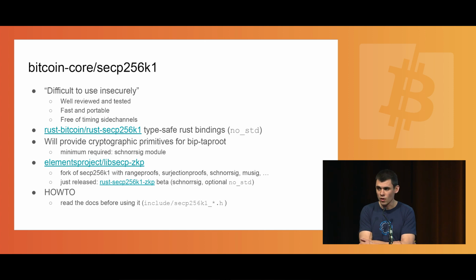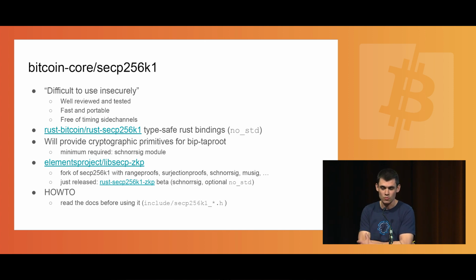So Blockstream has its own library, a fork of libsecp, called libsecp ZKP. ZKP stands for Zero Knowledge Proof. This library has a few advanced schemes, for example, range proofs for CTs, rejection proofs, and we've also merged Schnorr signatures and a MuSig scheme. We just this week released Rust bindings to this library, so now you can use this in a type-safe way.